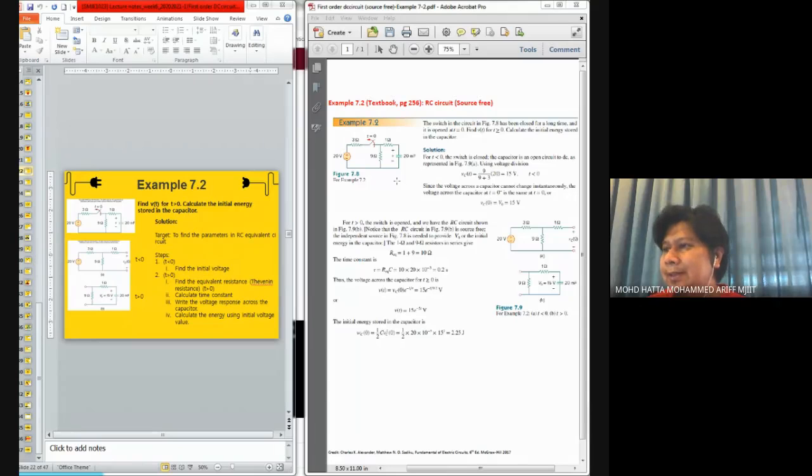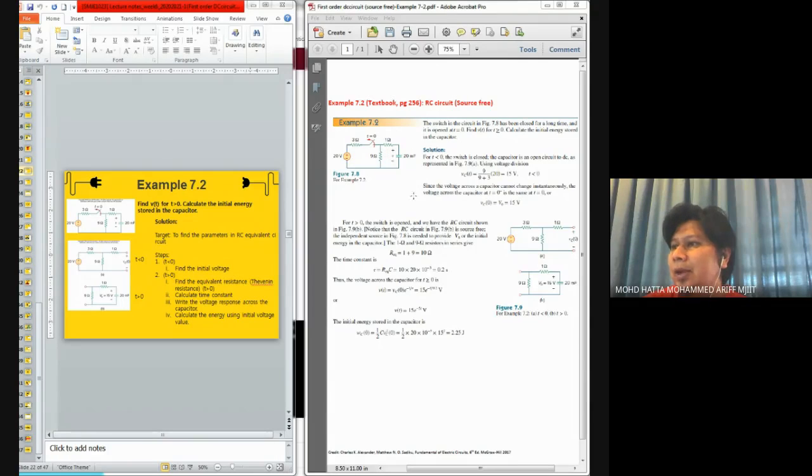In other words, the initial voltage across the capacitor is not given. For t less than 0, when the switch is closed, the capacitor is an open circuit. Remember, last time we learned that the capacitor during steady state becomes an open circuit element.